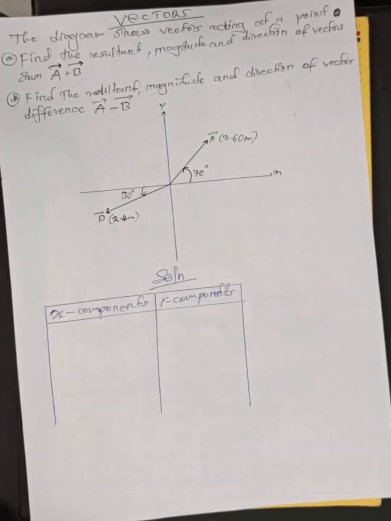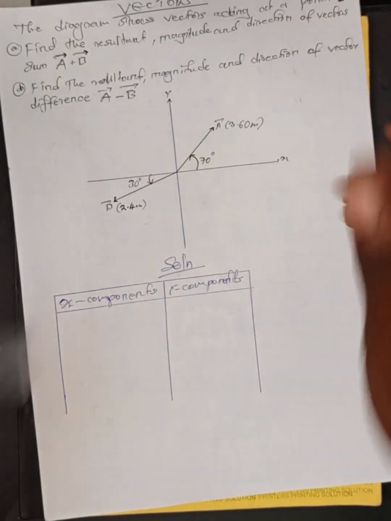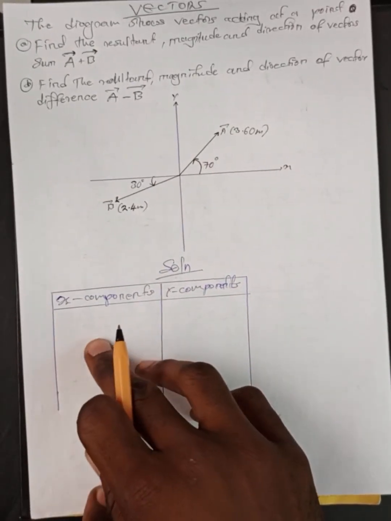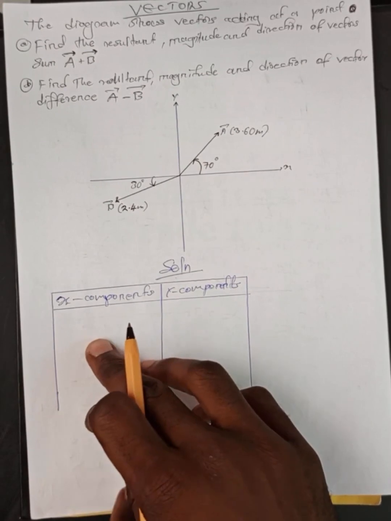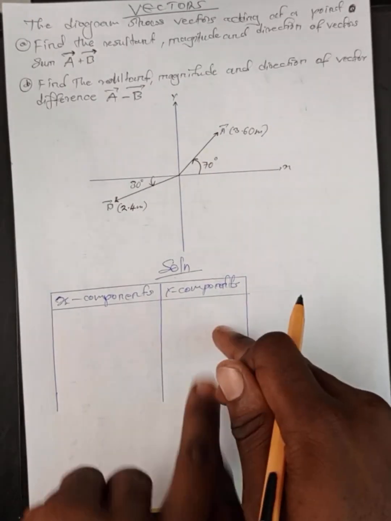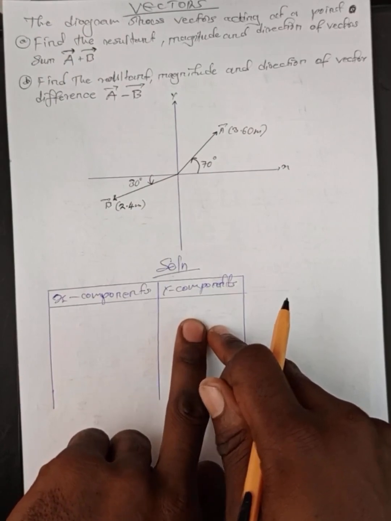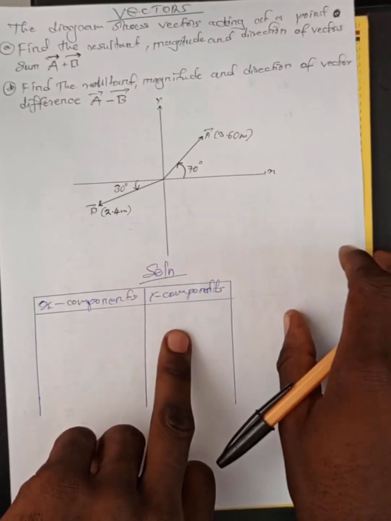The things that are found in x use cos, and in the y components we use sine.